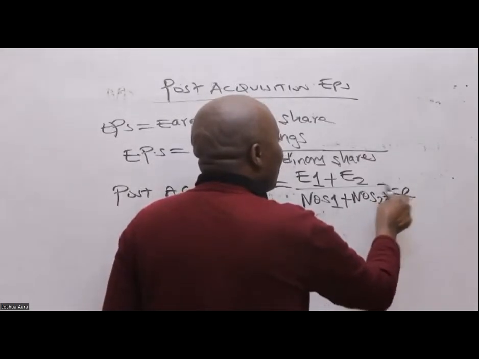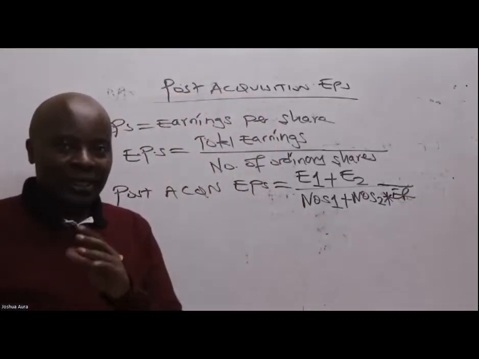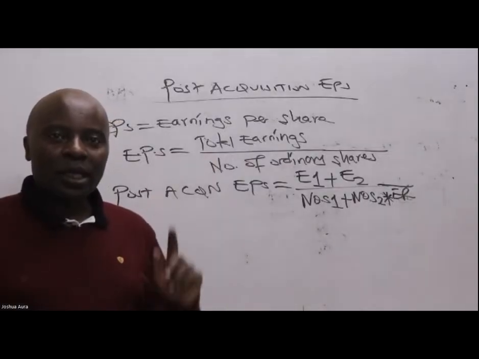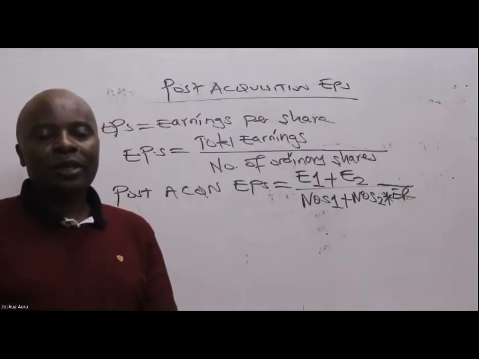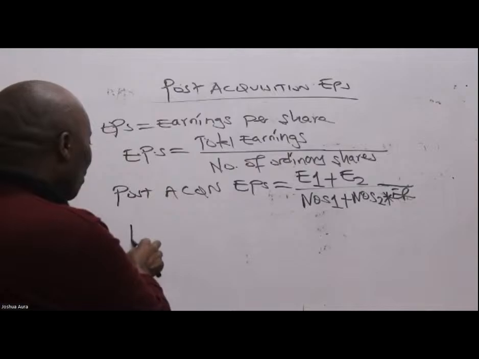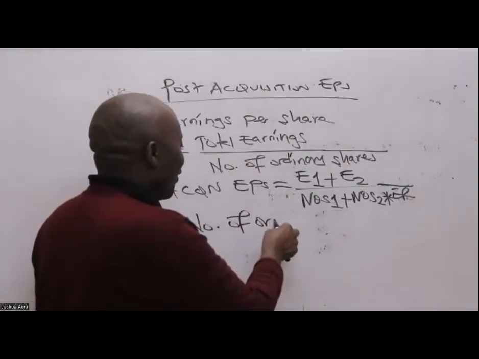But remember that company 2, which represents the wife, must be multiplied with what we call the exchange ratio.